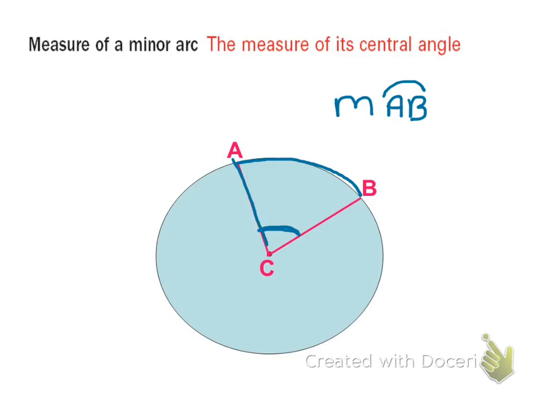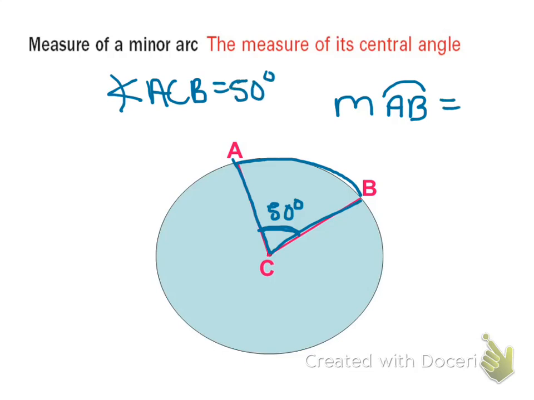If angle ACB is a 50-degree angle, if angle ACB equals 50 degrees, then arc AB equals 50 degrees. The measure of a minor arc is the same as the measure of its central angle. Remember, a central angle is an angle whose vertex is on the center of the circle.